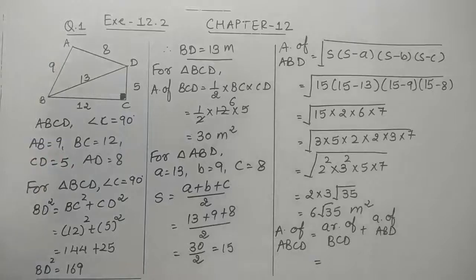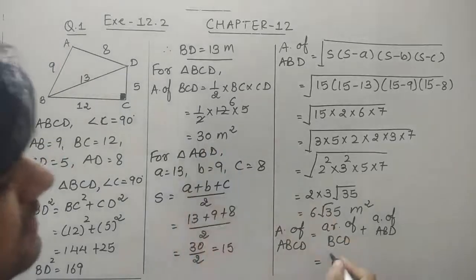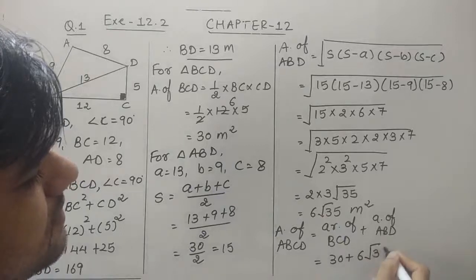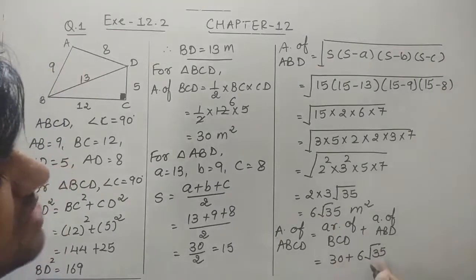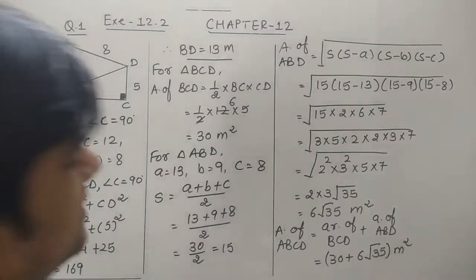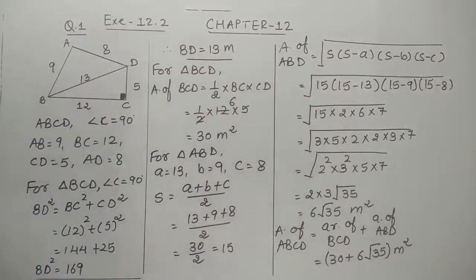The area of BCD is 30, and ABD is 6 root 35. We can say one is rational, another is irrational. It cannot be added. So we come to the answer. If you wish to take out 6 common, you can. Otherwise, you can keep it as it is, as 30 plus 6 root 35 meters square, which is the area of the required quadrilateral.